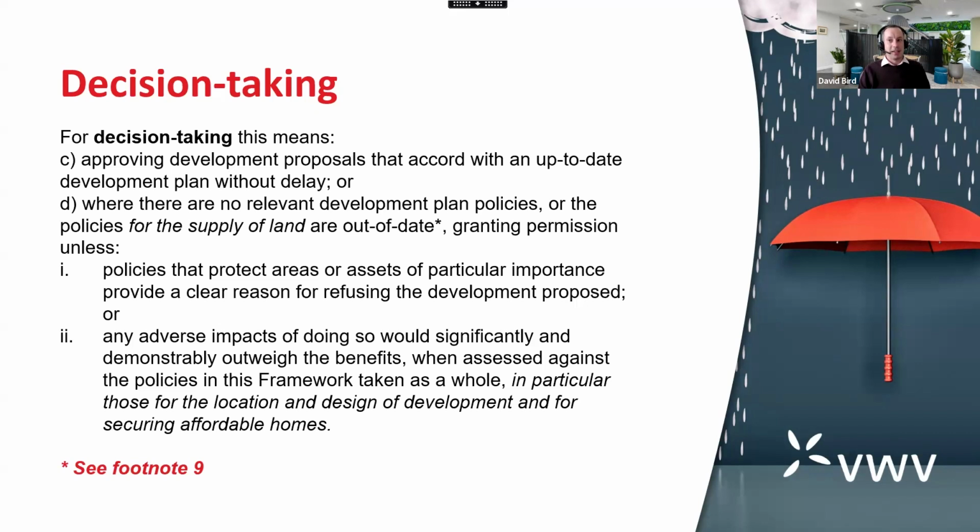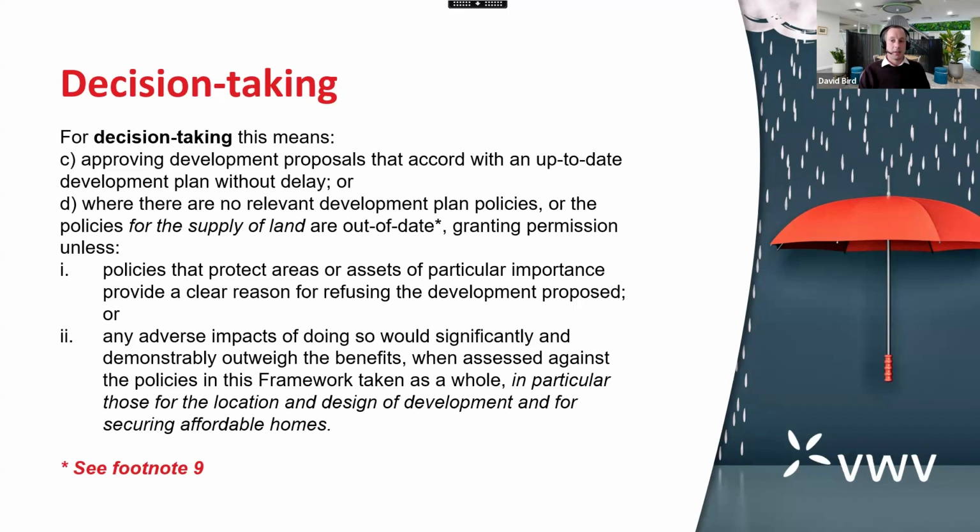Anyhow, the change here is that where you can show your local authority has an out-of-date policy for the supply of land, you can appeal to this and show that the adverse impacts of approving this development are not significantly and demonstrably outweighed by the benefits.